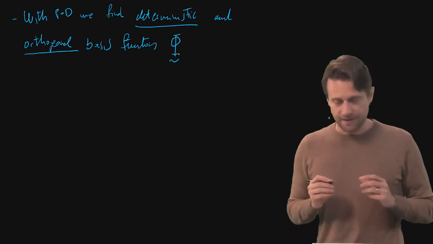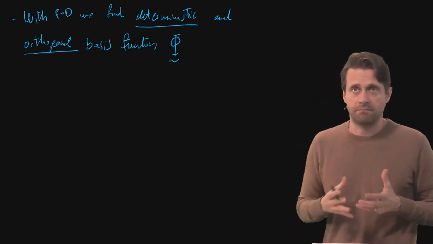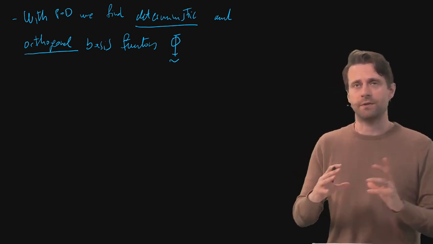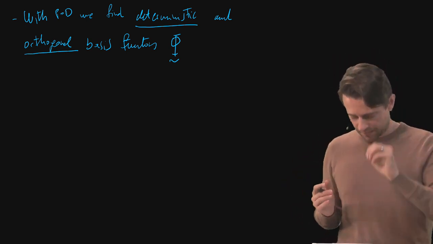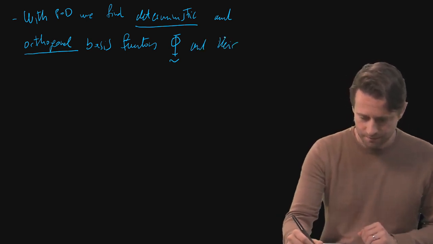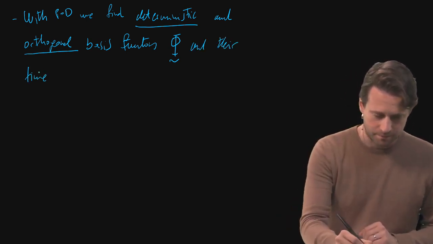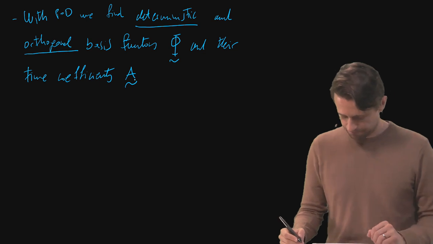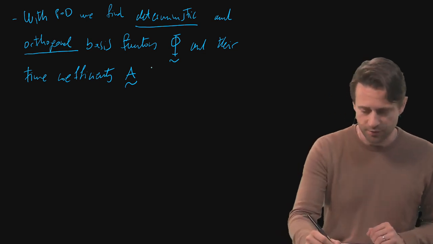Okay, these functions can be vectorial functions, right? Because they will have components in u, v, and w if the flow is 3D. So these are deterministic functions, and their time coefficients are going to be contained in a matrix A to decompose the snapshot matrix X.